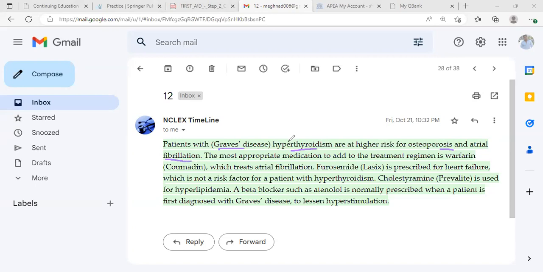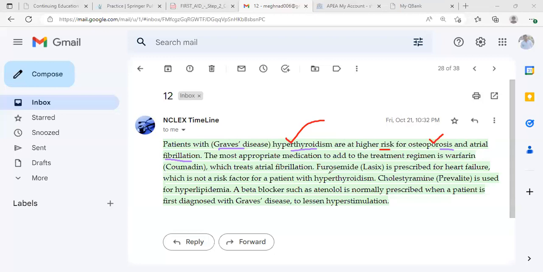Important: a patient who has hyperthyroidism has a risk to develop osteoporosis and atrial fibrillation. The most appropriate medication to add to the treatment regimen is warfarin, because the patient has a chance to develop atrial fibrillation. So we need a blood thinner, which treats atrial fibrillation.